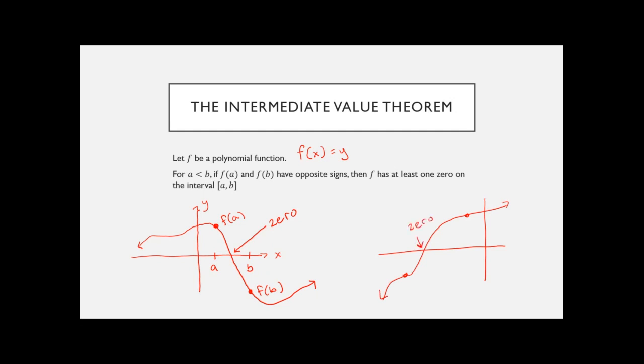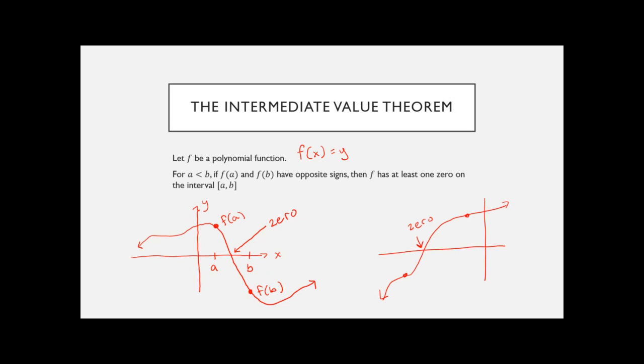So it doesn't matter which one is positive, which one's negative. As long as they're opposite signs, you have to be crossing y equals 0. So that's what the intermediate value theorem says. It just says you're guaranteed to cross 0 if you're going from positive to negative or negative to positive.